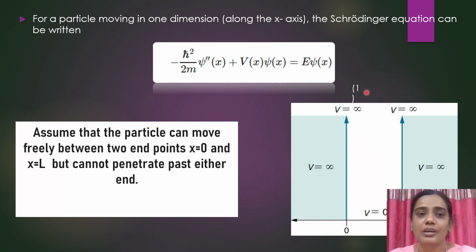So now we are considering a particle that is residing within two endpoints. That is, there are two boundaries, x equal to 0 and x equal to L, and there is a particle that is captured within these two boundaries. This particle cannot cross over these two boundaries.